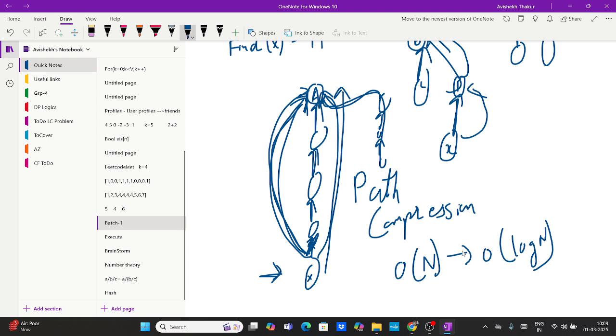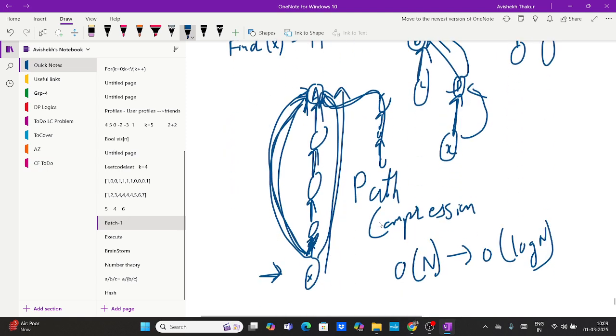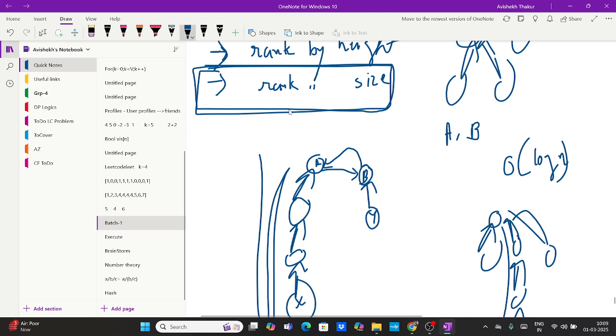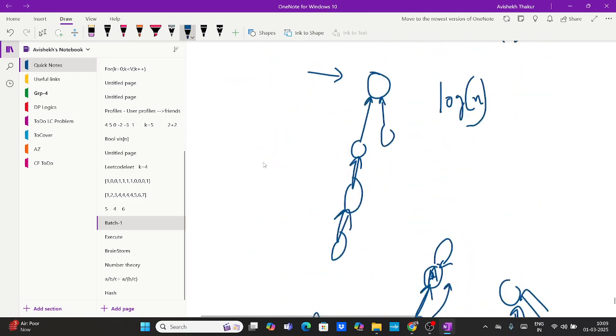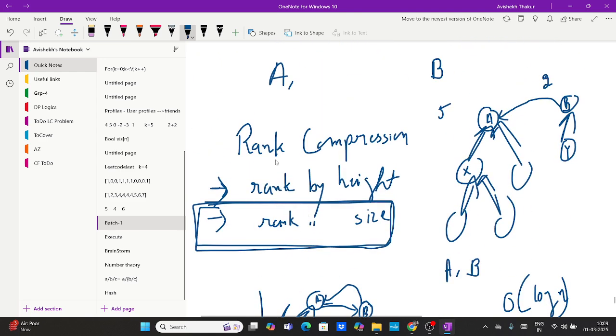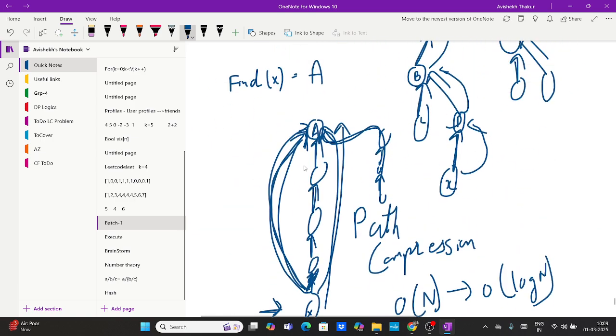Okay, but now you see we have two powers in our hand: one is path compression and one is rank compression. If we use them together at the same time, the time complexity for either the merge operation or the find operation... See, path compression is a technique which comes in find of x or merge of x?